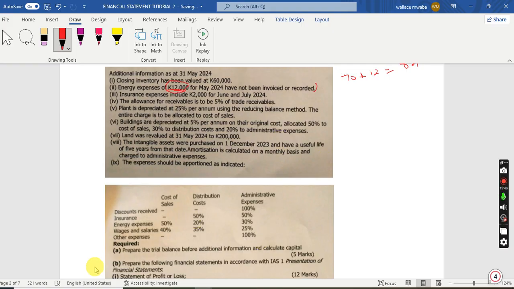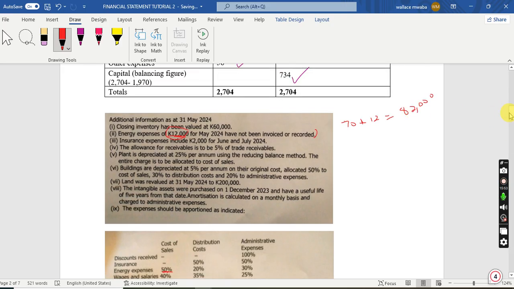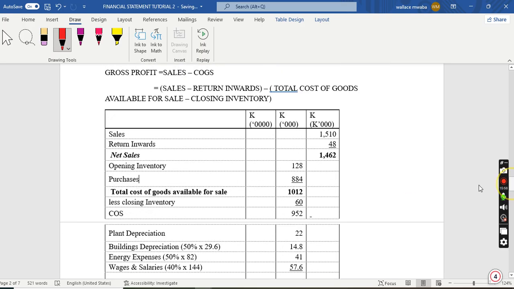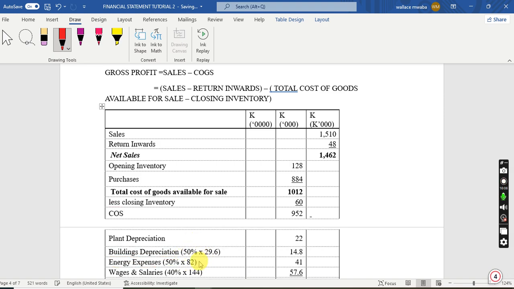They said 50% of this 82,000 will be taken to cost of sales. So you can see here, 50% of this 82,000 is going to be added to cost of sales here. Any questions before we look at the next adjustment?